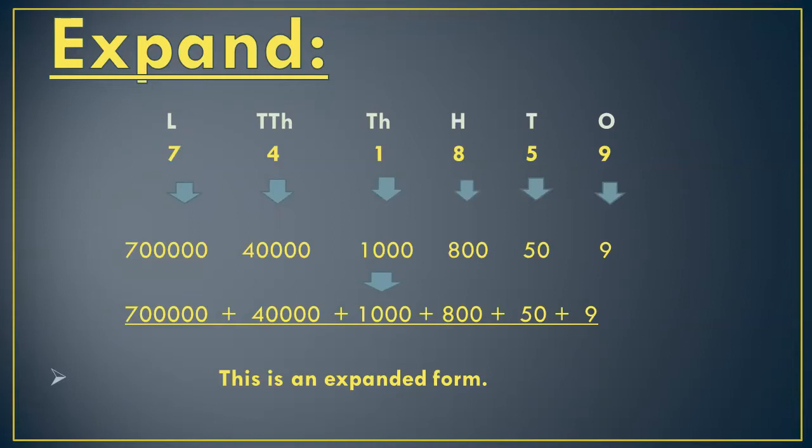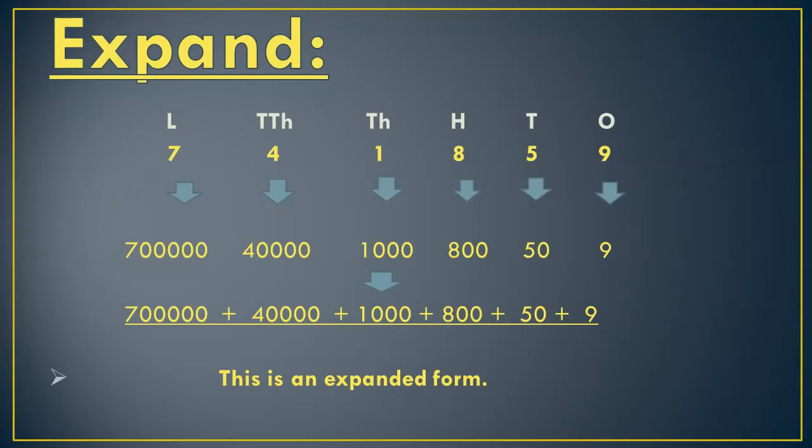So I have written the place value of all the 6 digits and added them to get the expanded form of this number. This is how we can expand this number, or this is called the expansion of the number.